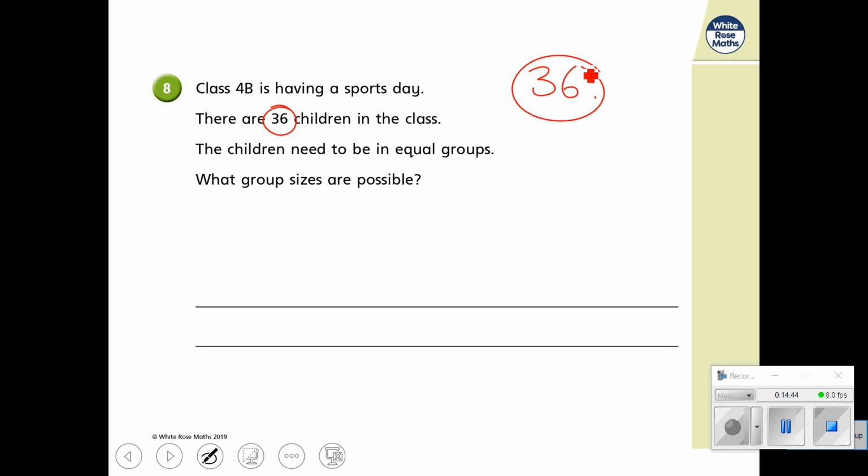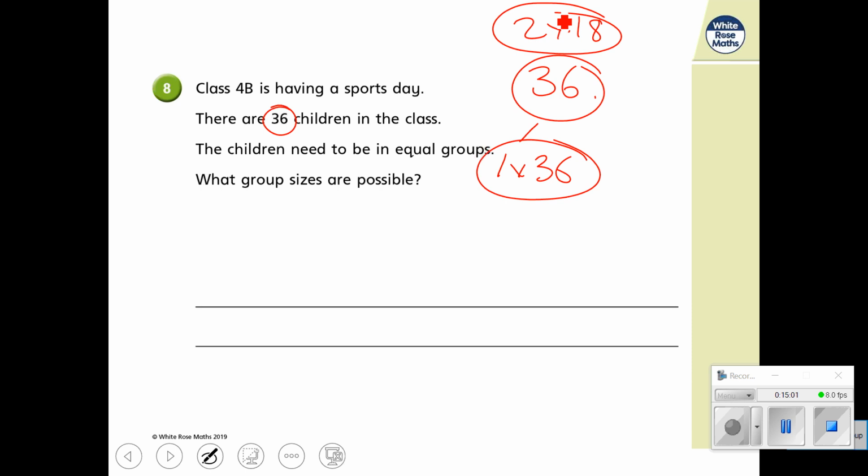Wow, I can definitely have one group of 36. So I could have one huge group of 36. I could also have two groups of 18, because 2 times 18 is 36. I could also have 3 groups of 12, because 3 times 12 is 36.